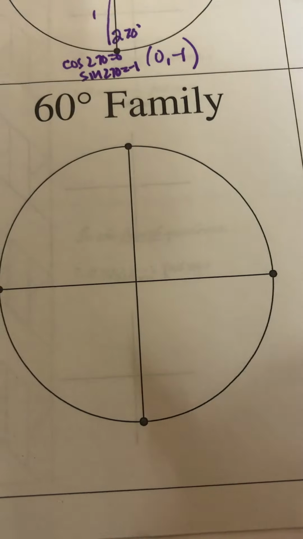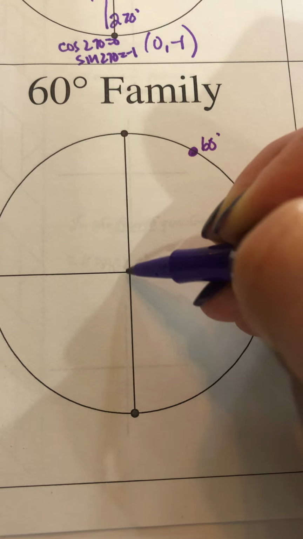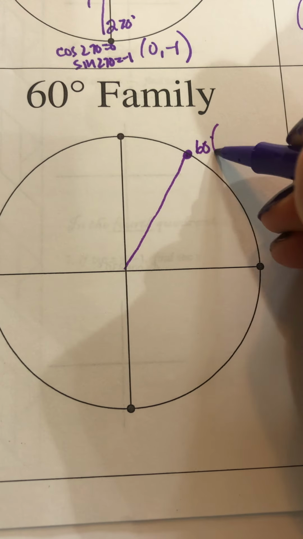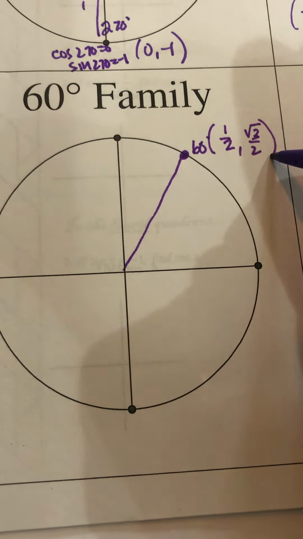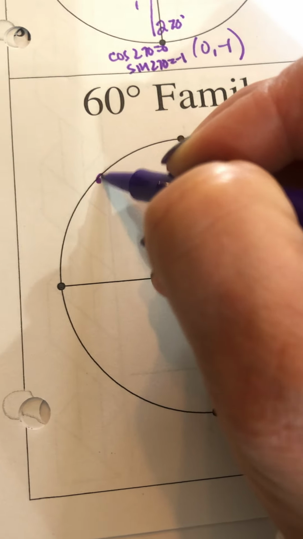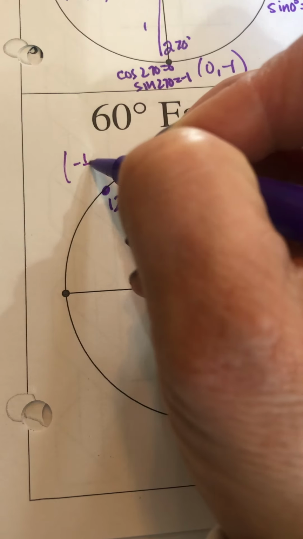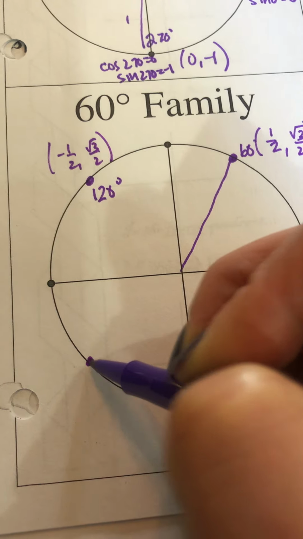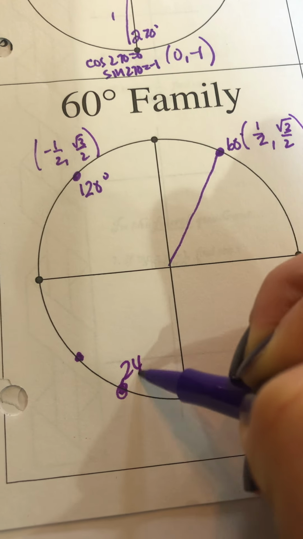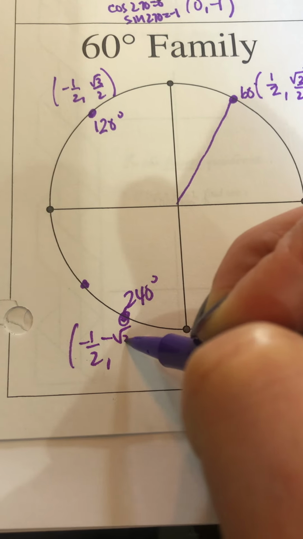Once we know the first quadrant angle, like in this case 60 degrees, and again we just talked about that on the previous page, how it's 1/2 comma √3/2, we can take that same ordered pair and essentially reflect it over the x-axis, -1/2, +√3/2. Reflect it here, oops, it would be more here, 240, so -1/2, -√3/2.